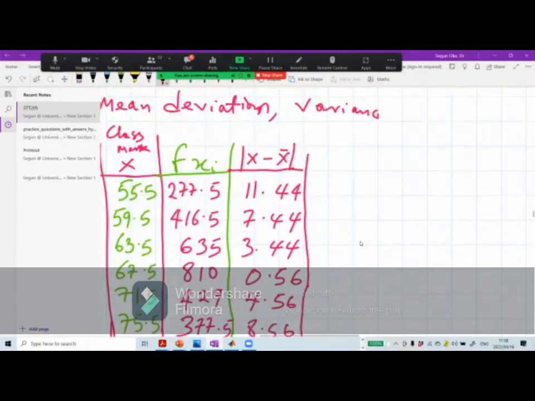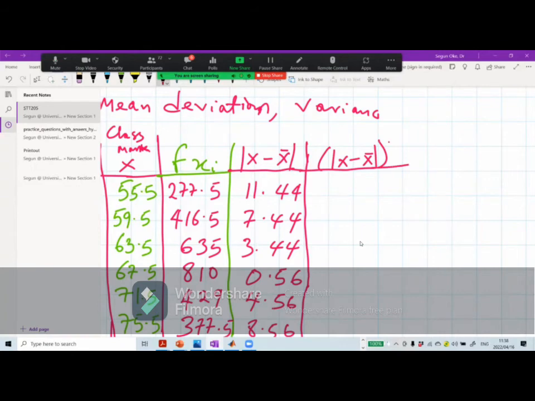Let me do it one after the other so that people will not get confused. Remember that you are to multiply by f, but before then, the square, because there is a particular one that has x minus x bar, all squared.